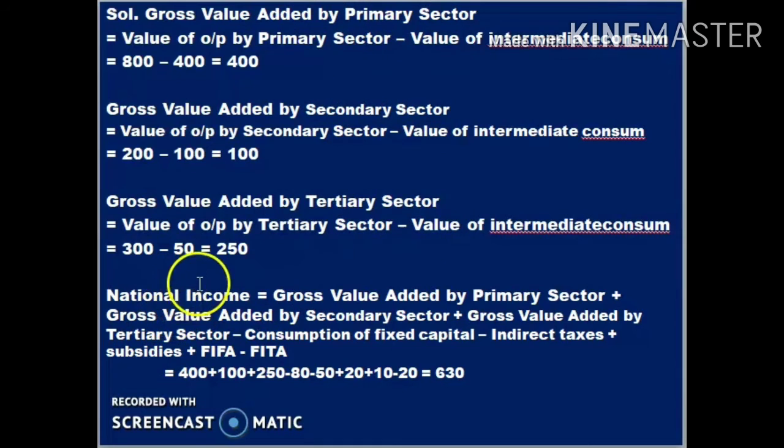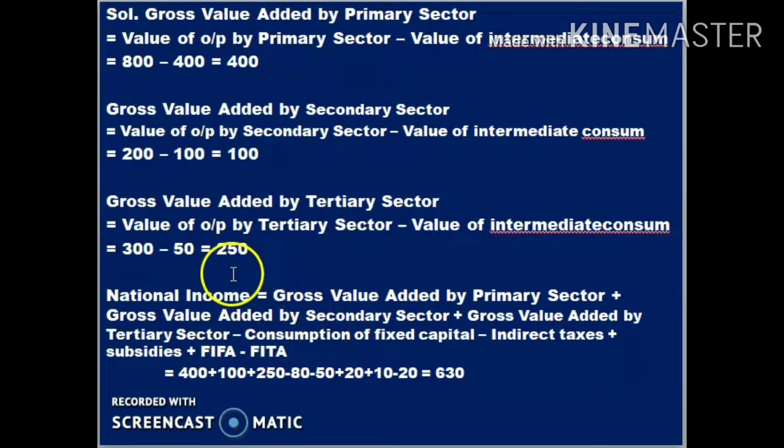Next you have to add all these sectors to find GVAMP together. So after finding separately, you have to add this, that is 400 plus 100 plus 250. You can see here.